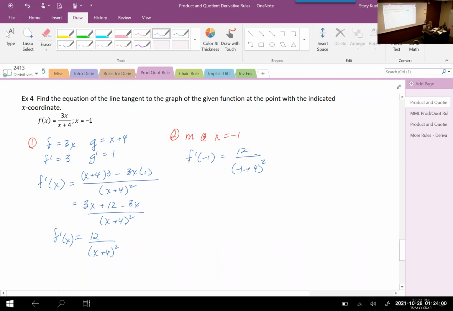So 3 squared, so that'd be 12/9 or 4/3. So that's the slope at that point. And now let's make sure we have an actual coordinate. So the point on the curve, f of x, is f at -1.